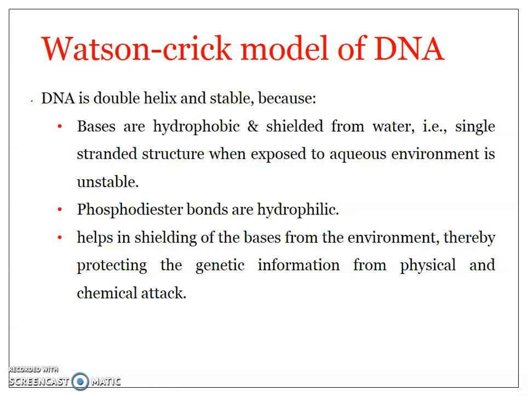When the bases are placed within the double helix, between the two chains, they are completely protected. The hydrophilic phosphodiester backbone is exposed to water and can interact with it, while the hydrophobic nitrogenous bases are placed inside the double helix, protected from the watery medium, so it becomes more stable.